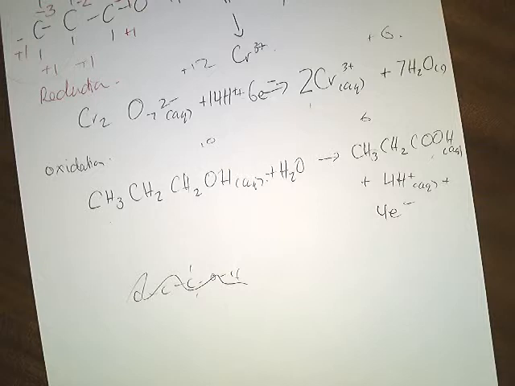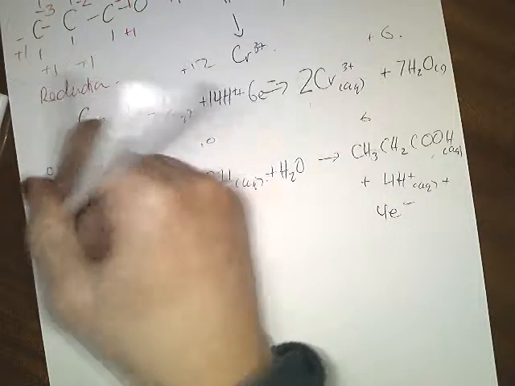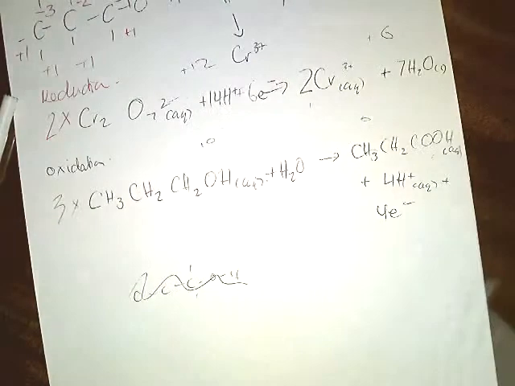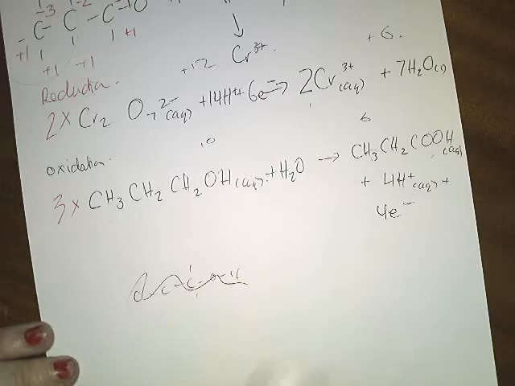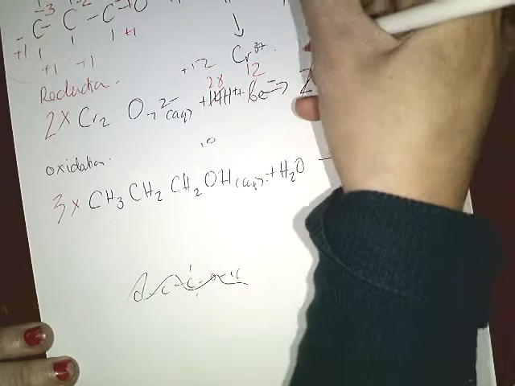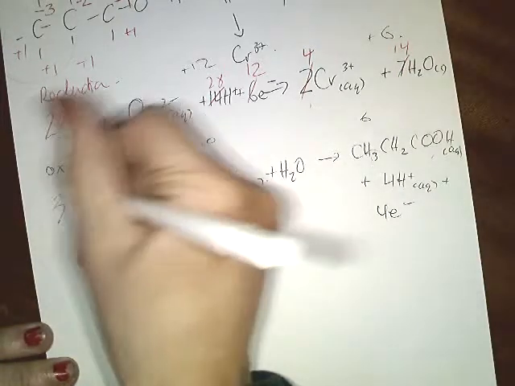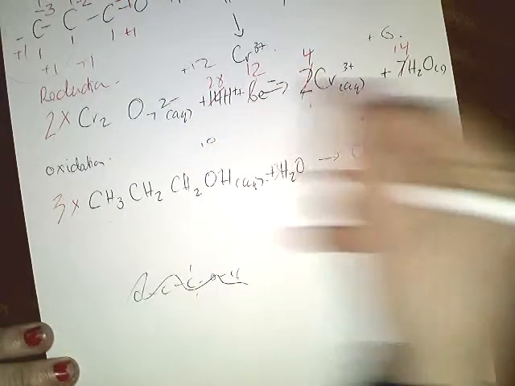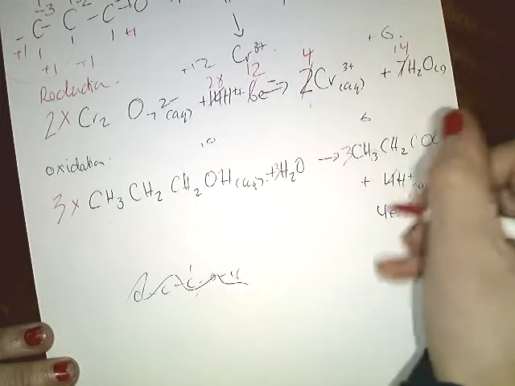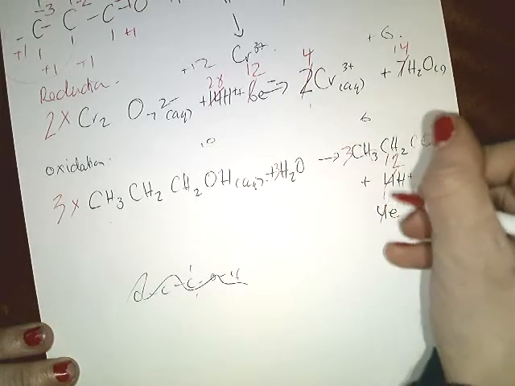Then to balance for the overall equation, it's quite tricky. We've just got to make sure that they equal the same thing. So you could make it equal 12, for example, by timesing this side by 3 and by timesing this by 2. So let's just write those in. So 28, 12, 4, 14, 3, 3, 3, 12, 12.